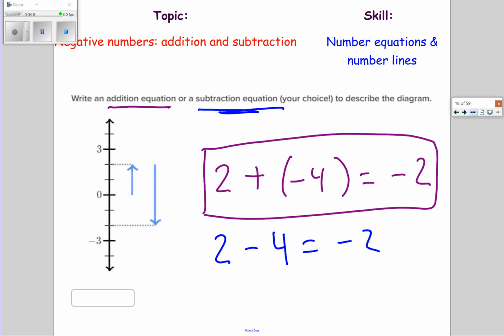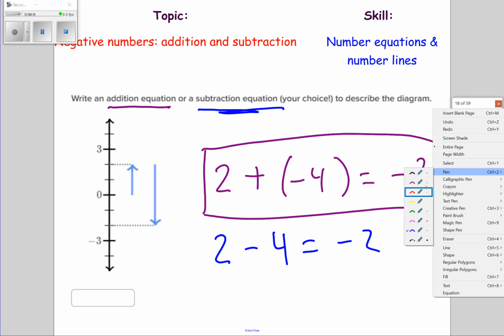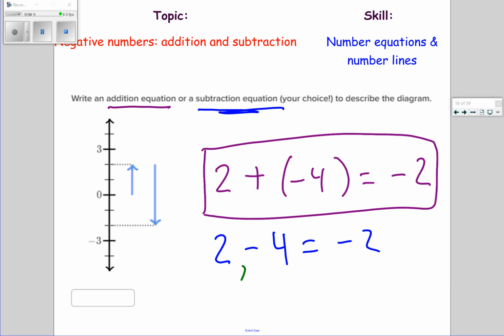That is the subtraction way of writing the same equation. 2 plus negative 4 is the same as 2 and add to it negative 4, so 2 minus 4 equals negative 2. Both are acceptable answers.